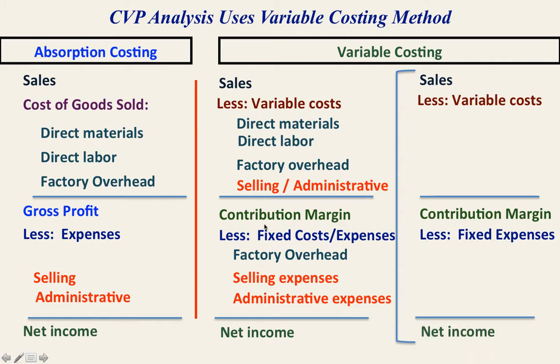We are not going to go into the details of the different variable costs and the different fixed costs. We will use this basic variable costing method. Okay, class, let us move on.